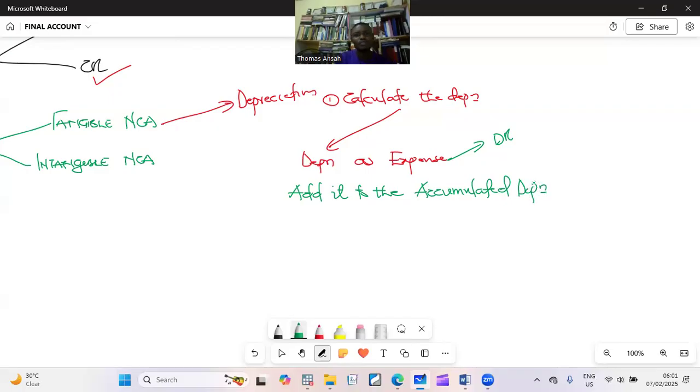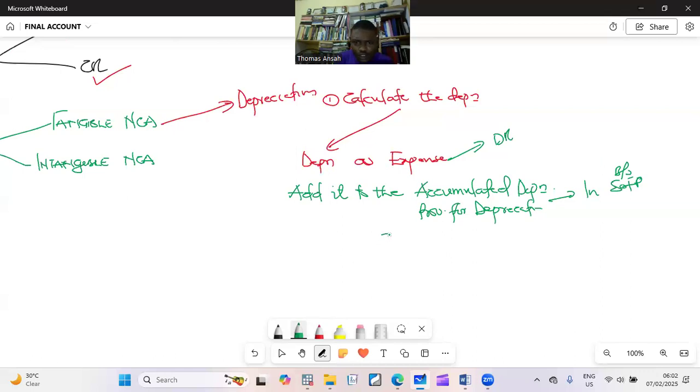The accumulated depreciation is inside, or the provision for depreciation. It's the same thing, all right? If you don't see accumulated depreciation, you might see provision for depreciation. Where? In the balance sheet or the statement of financial position, all right? So when you do this, you have done the double treatment.